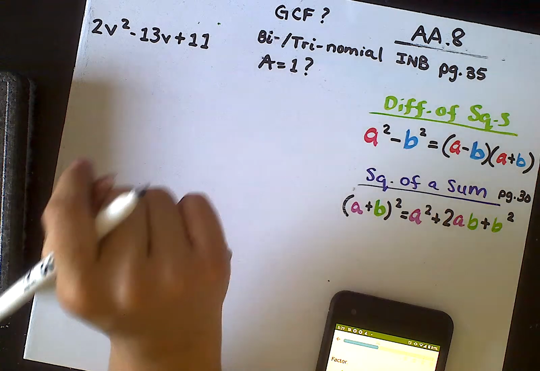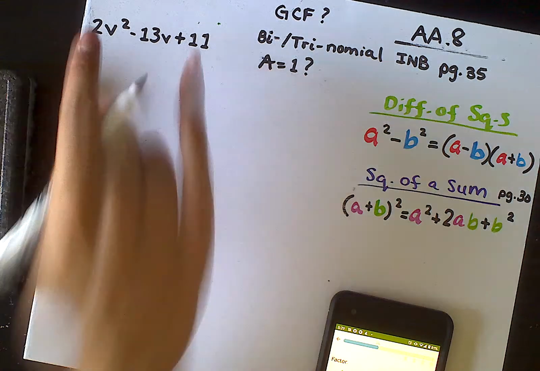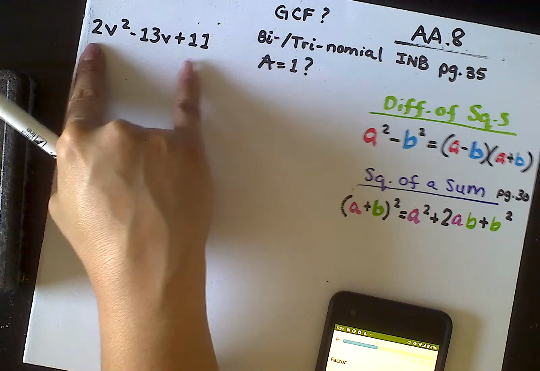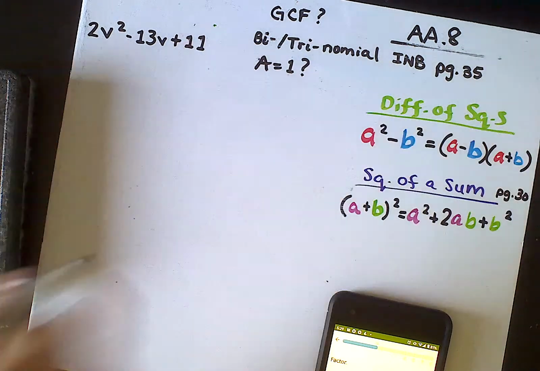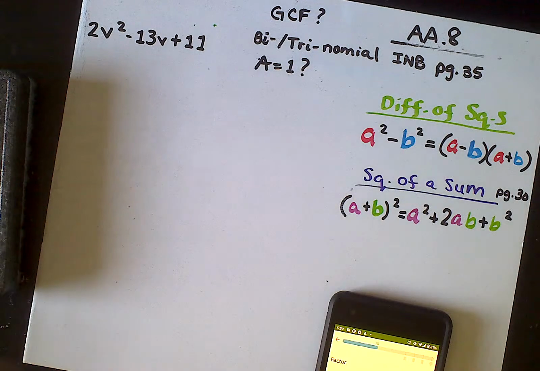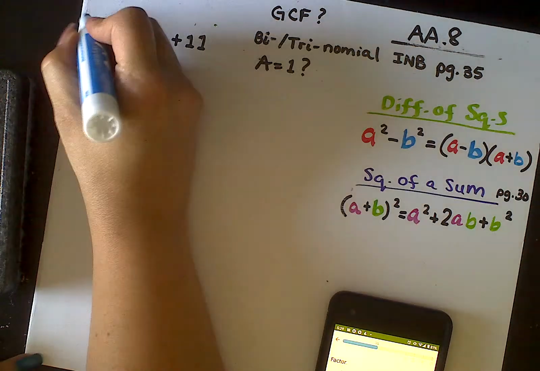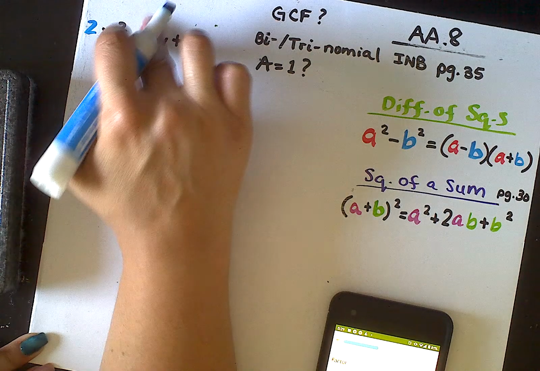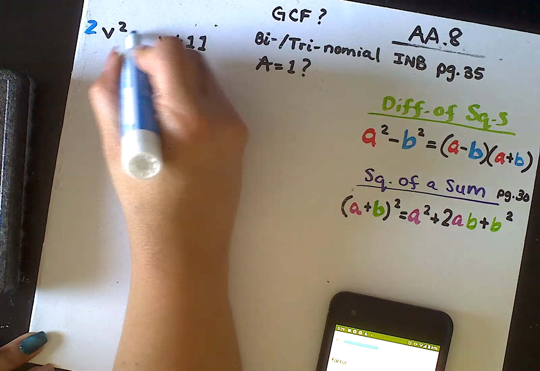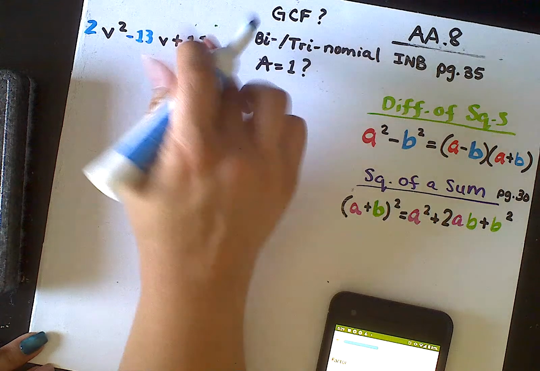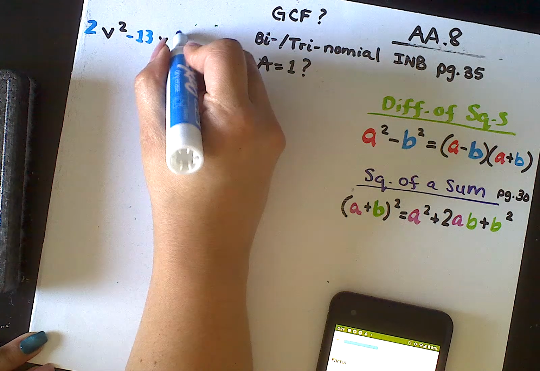I do have a trinomial. My a is not 1, and just to double check, I do not have perfect squares for my a and my c. So that means I can identify my a, b, and c. A is 2, b is negative 13, and c is positive 11.